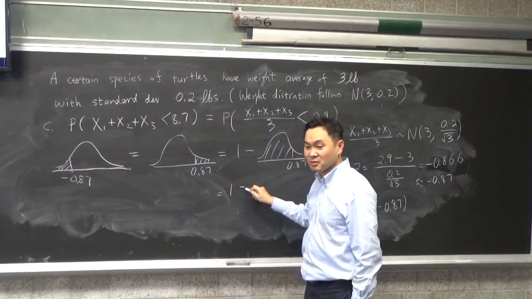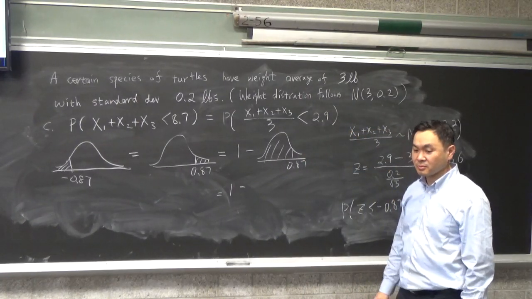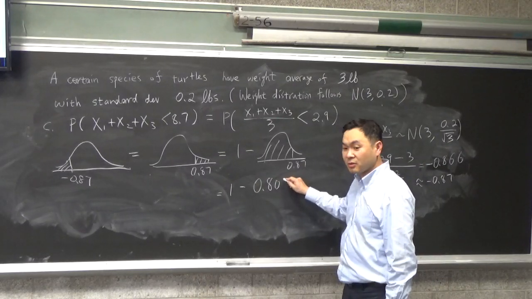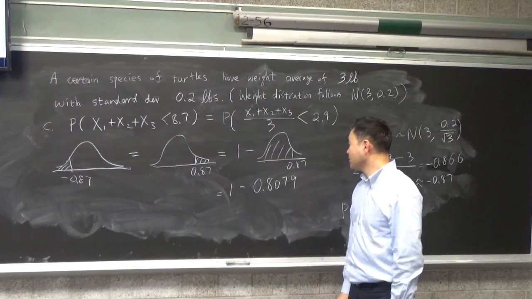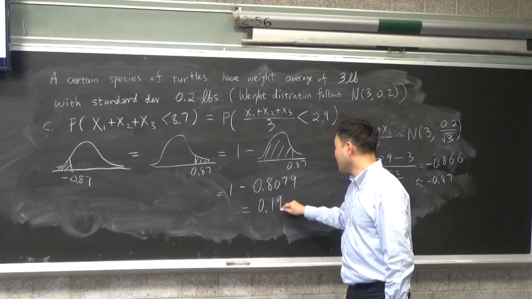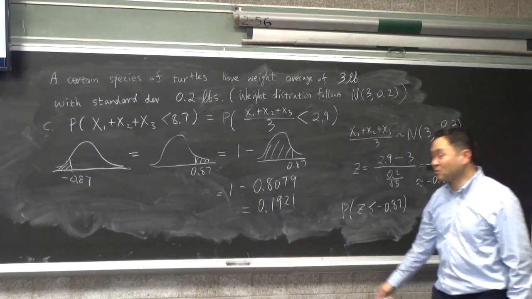Please help me out. 0.80785. Okay, so I'll just put 9. So this is 0.1921. So that's the answer. That's the probability.